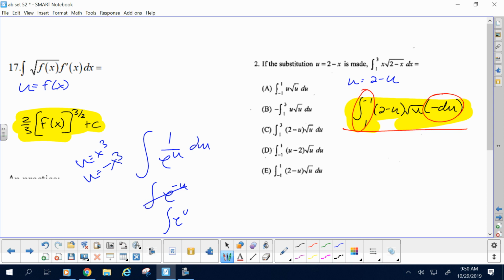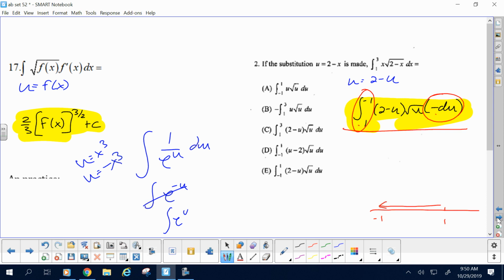This is for a later date, but we might as well talk about it now. If you go from 1 to negative 1, remember these are bounds here. From 1 to negative 1 horizontally, how are you changing x or u? Are you increasing it or decreasing it? You're decreasing it. So isn't that the opposite of normal dx? And so these two guys kind of cancel each other out.